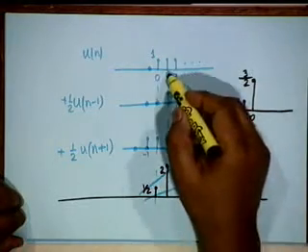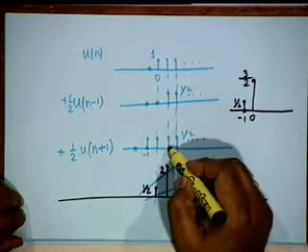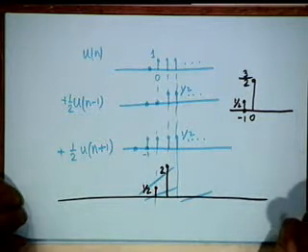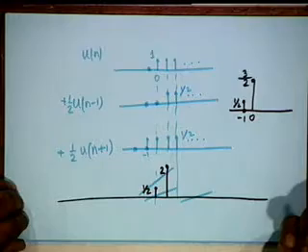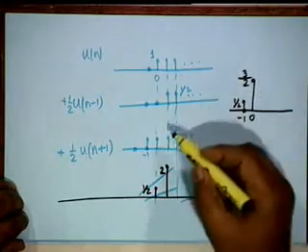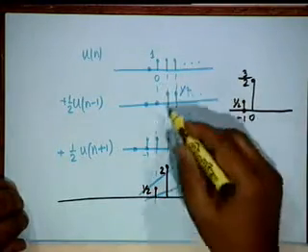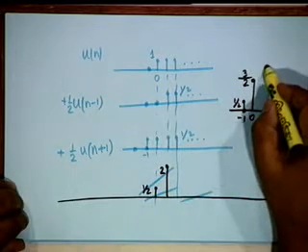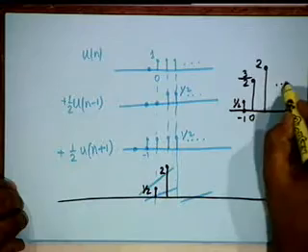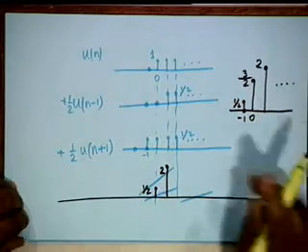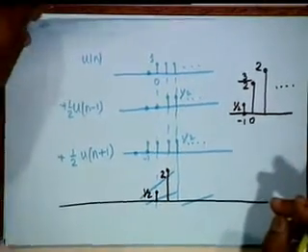And then this is n equal to 1. Why did you say at n equal to 1 it is 3 by 2? N equal to 0 it is 3 by 2, agreed. Then at n equal to 1 it is 2, and it remains 2 ever after. Okay? So this is how one computes the unit step response.